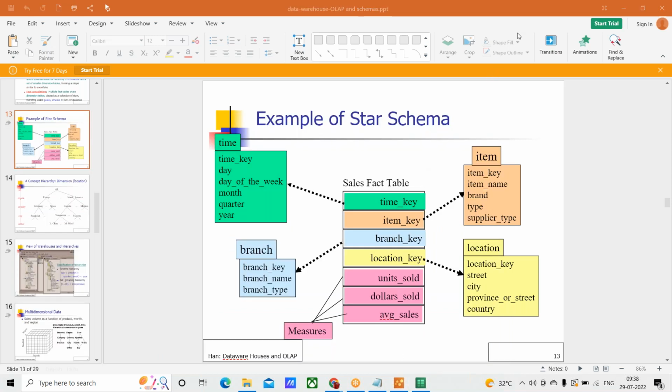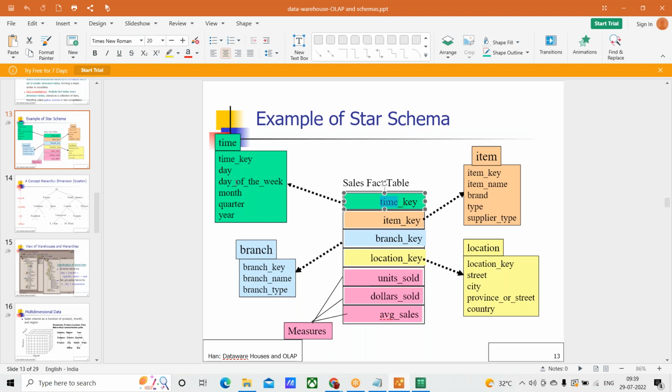Now you see, the fact table will have the IDs of all the dimension tables. Here time key is there, item key is there, location key will be there, and branch key will be there. So the fact table is linked with the dimension tables. For example, the fact table will have the time key, which will join with the time dimension.